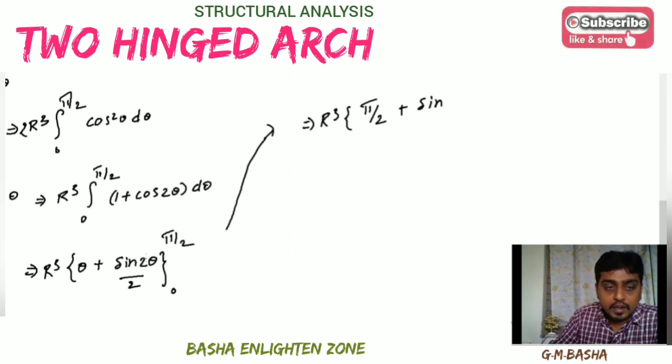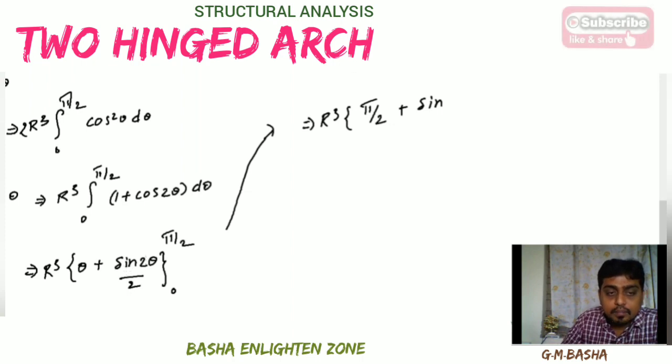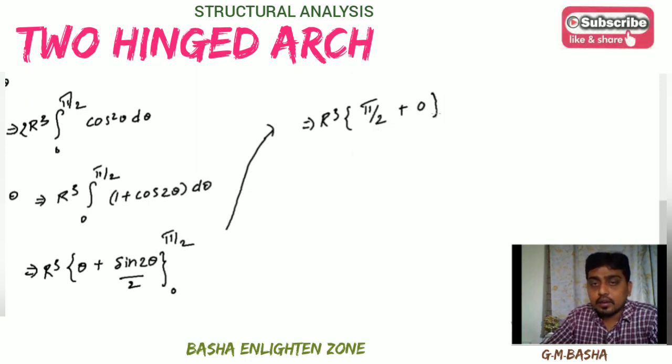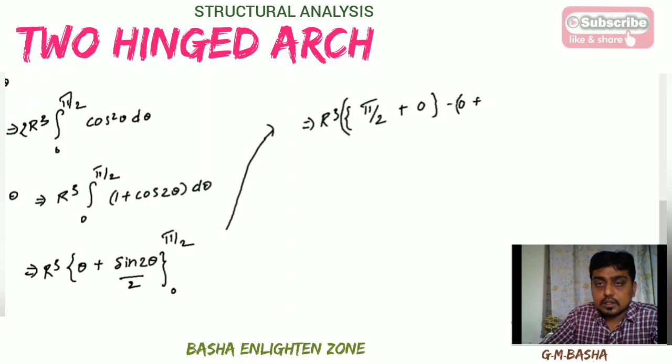So here I am applying integration for this value. Sin 2 into pi by 2 you will get sin pi. 0 by 2 anything will be 0. Directly I am taking this limit value will be 0. Again lower limit value, in place of theta you will get 0 plus sin 2 into 0, sin 0 by 2, here also you will get 0.